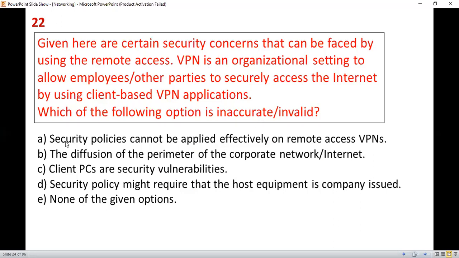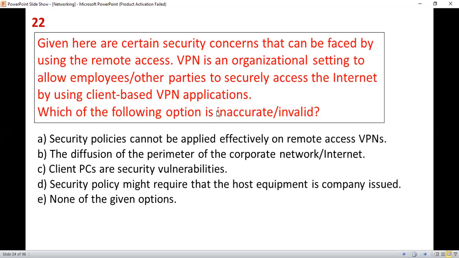The options are: security policy cannot be applied effectively on remote access VPN; the diffusion of the perimeter of the corporate network and internet; client PC security vulnerabilities; security policy might require that the host equipment is company issued; none of the given options.